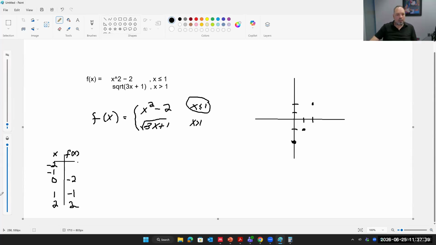So in the other way, when I plug in a negative 1, squared is 1, minus 2 is negative 1. There's that symmetry, right? And when x is negative 2, squared is 4. 4 minus 2 is 2.